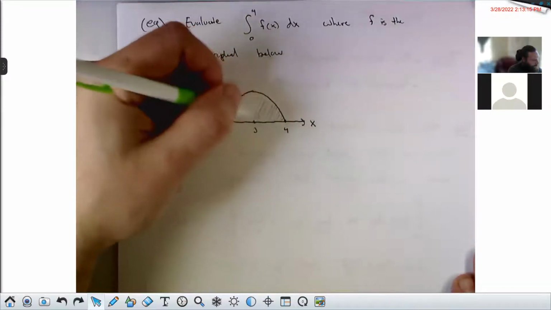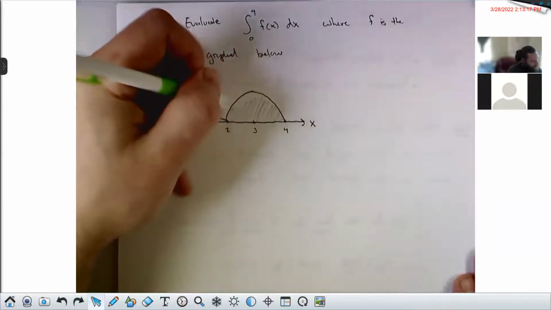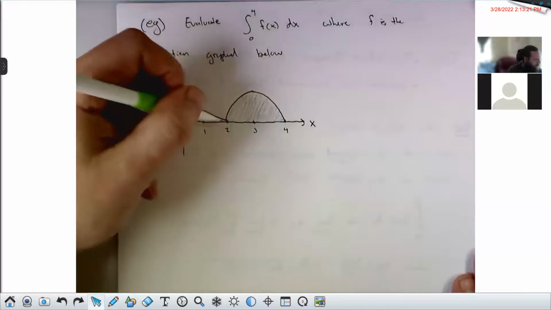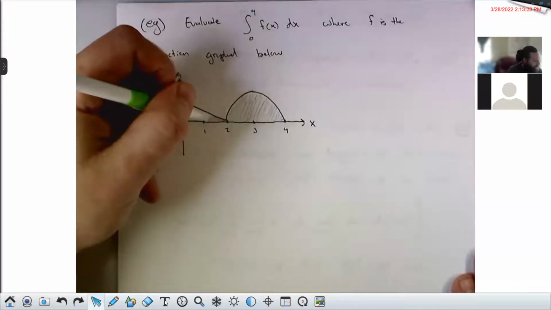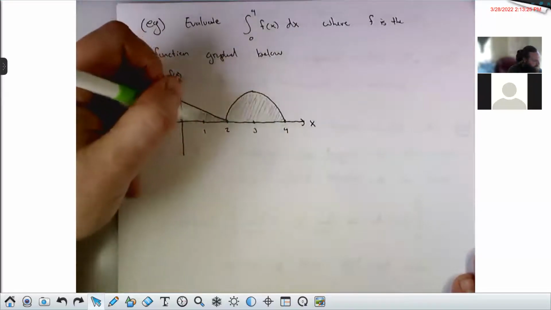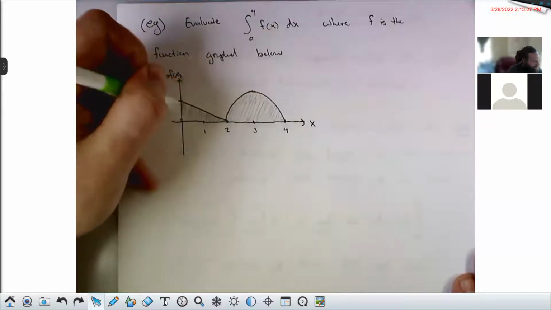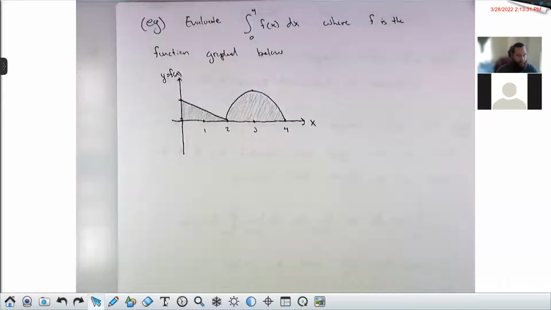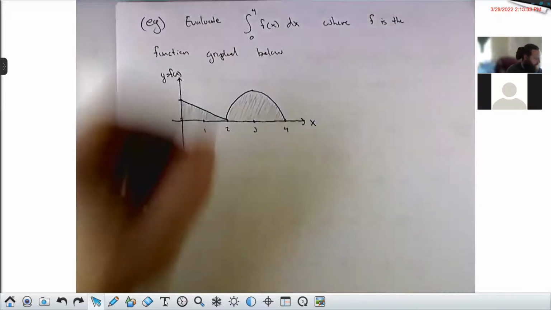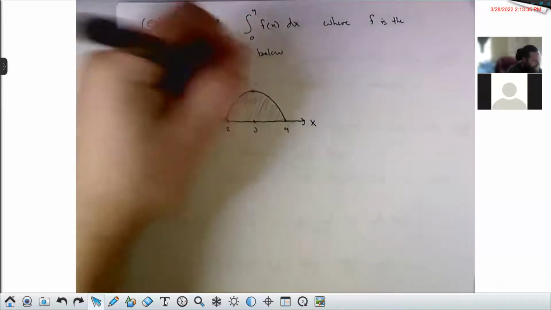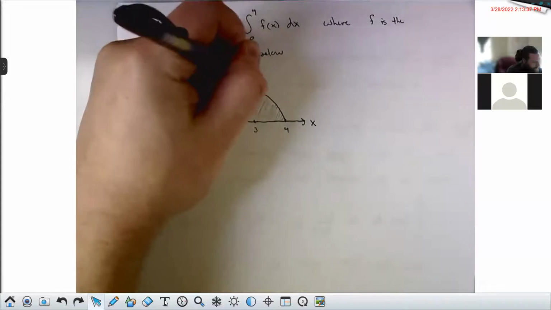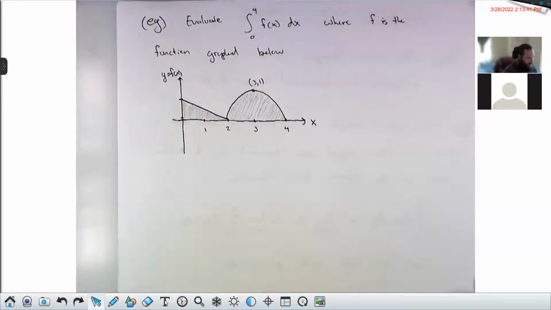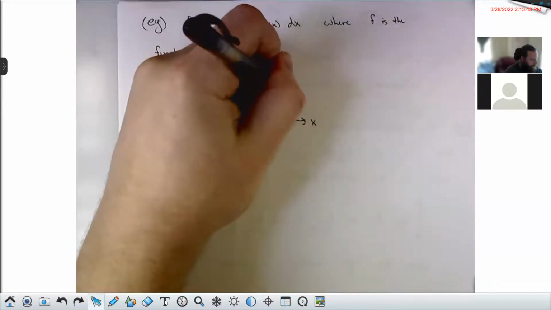And since I have not given you an algebraic definition of this function, I haven't given you a formula for f of x, there's really only one possible way to attack this, and that's by using geometry to find the area there. Now it is important that I tell you that this is the point 3, 1, and that this little arc here is a semicircle.